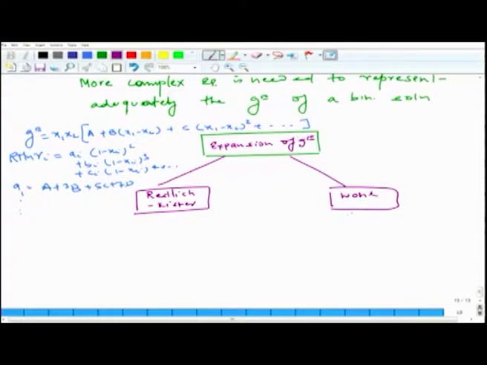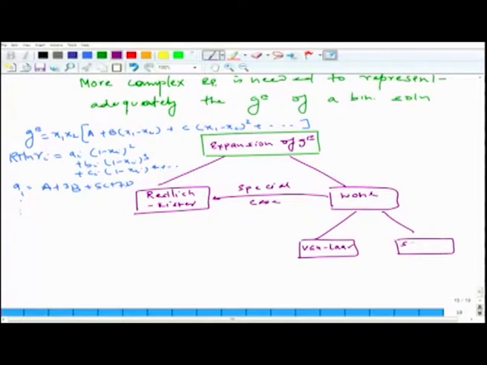A special case is the Redlich-Kister, which is an expansion of G^E. Using Wohl, we can get Van Laar and also Scatchard-Hamer, and a special case is nothing but the Margules equation.